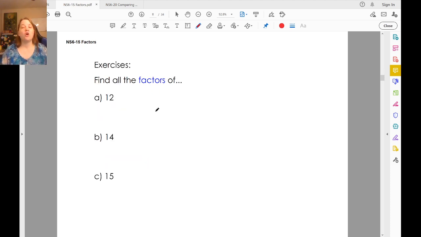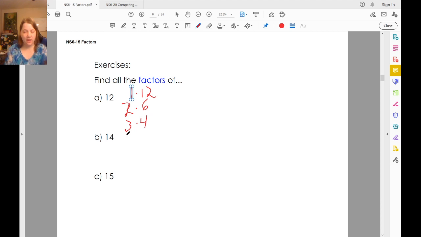So if I want to find all the factors of 12, I would start at 0. Can I multiply 0 by anything and get 12? No. Can I multiply 1 by anything and get 12? Yeah, 1 times 12. Can I multiply 2 by anything? Yes, 2 times 6. 3 times 4.